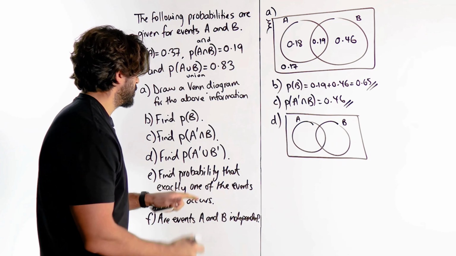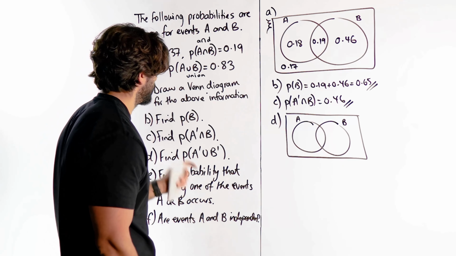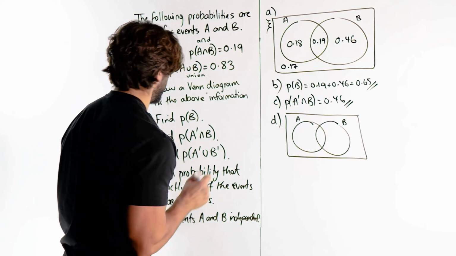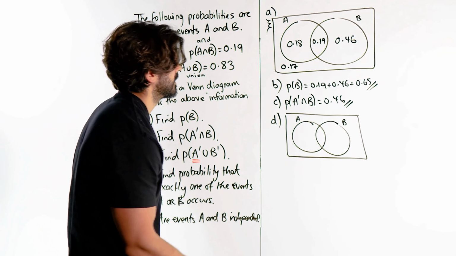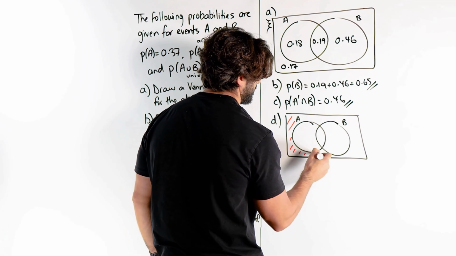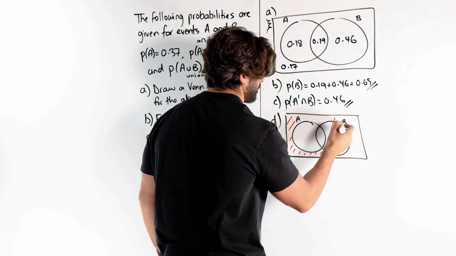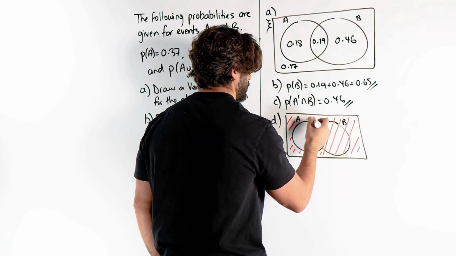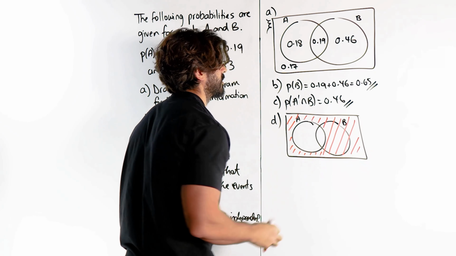What you do is you shade in each individual bit. So I'm going to shade in not A in red. Not A means everything on the outside of the circle of A, including all of this bit. This is not A. Just make sure you pay attention to the circle of A.